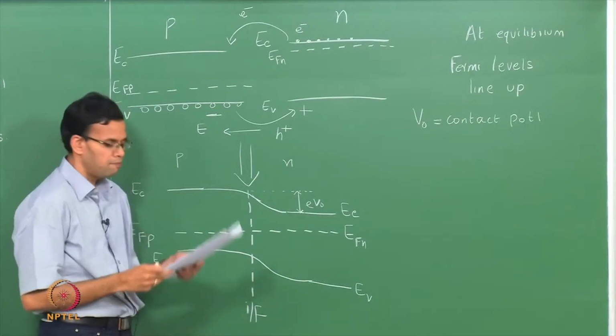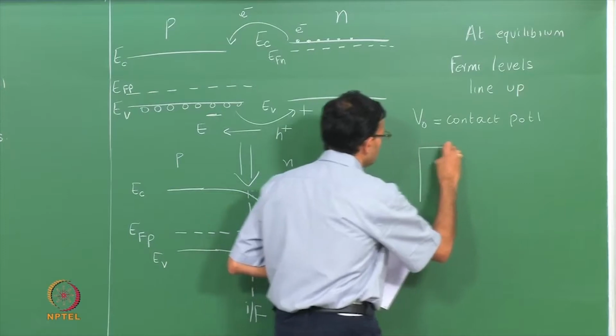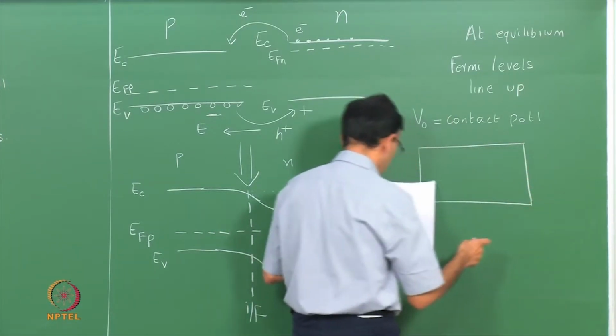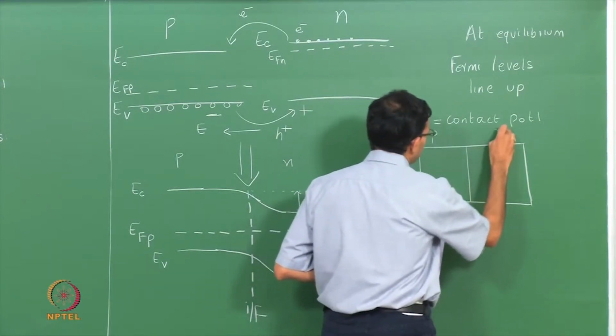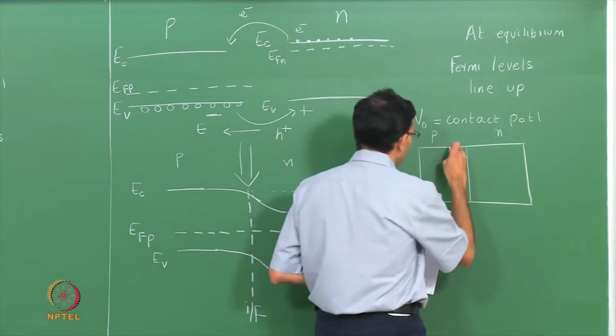We can draw a simplified picture of this. Let me just draw a schematic. This is my P side, that is my N side. I form my P N junction.